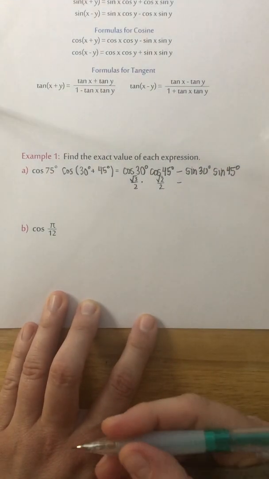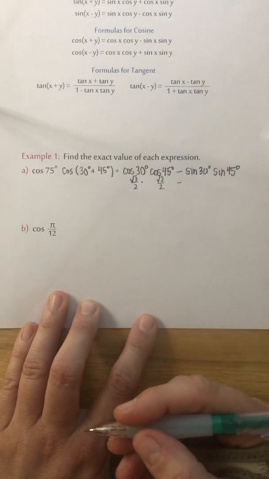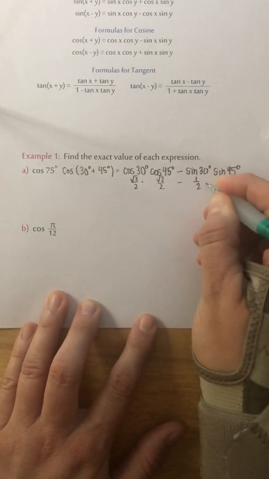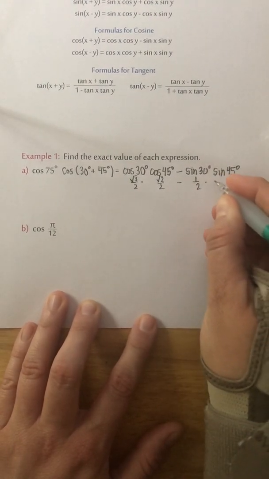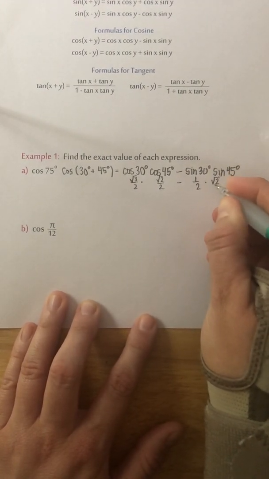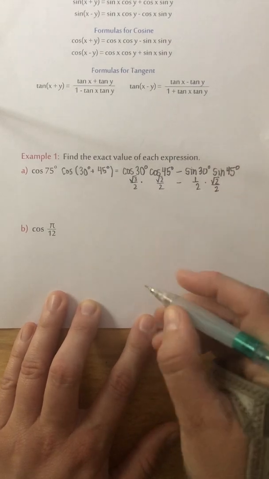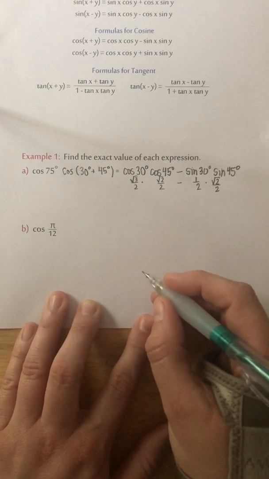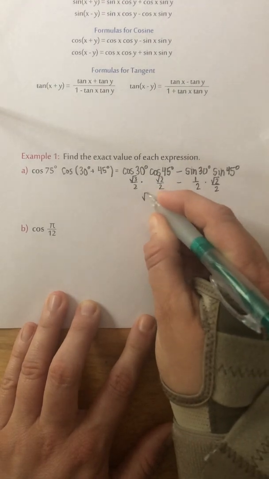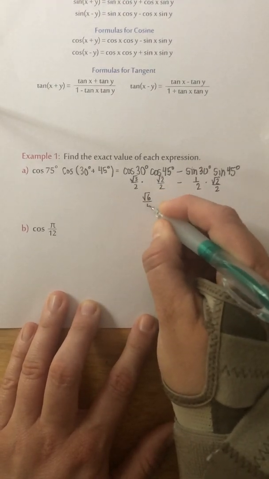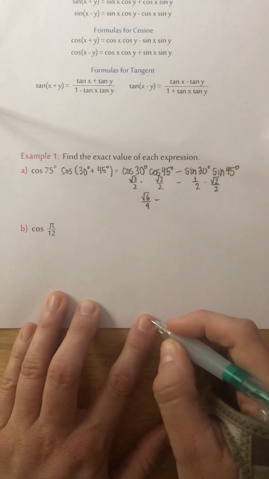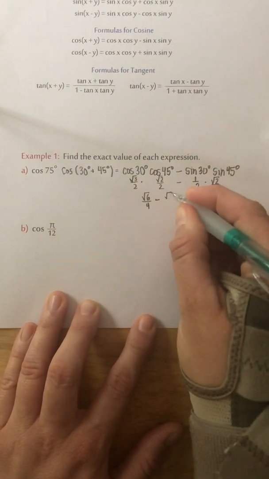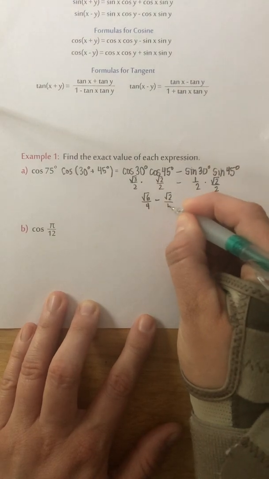And then sine of 30 degrees, well, sine is the y-coordinate. And so at 30 degrees, the y-coordinate is 1/2. And at 45 degrees, the y-coordinate is the square root of 2 over 2. So now I'm going to multiply together. So square root of 3 over 2 times the square root of 2 over 2 is the square root of 6 over 4 minus 1 over 2 times the square root of 2 over 2 is the square root of 2 over 4.